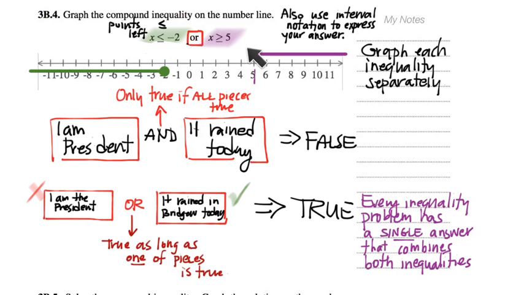In order to belong to this final answer, we need to either belong to this set or to belong to that set. And so what an "or" does is it just combines the two intervals together and takes all the points that belong to either. So "or" consists of all points satisfying either inequality.